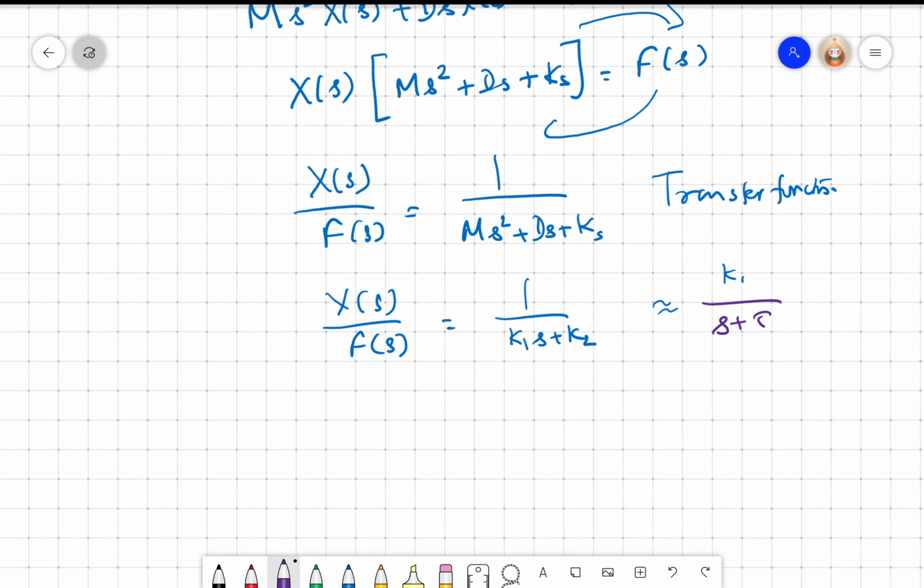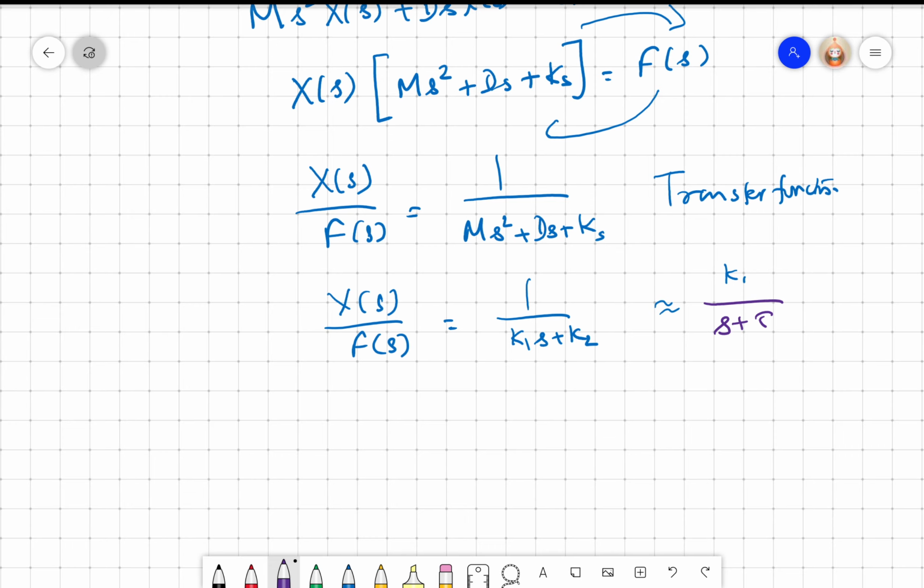Of course, here I chose one mass, one damper, and one spring, but in general, a transfer function G of s can be a numerator function in s by a denominator function in s. So this could be kn s power n plus kn minus 1 s power n minus 1 dot dot dot.